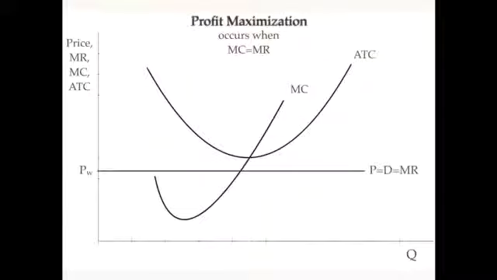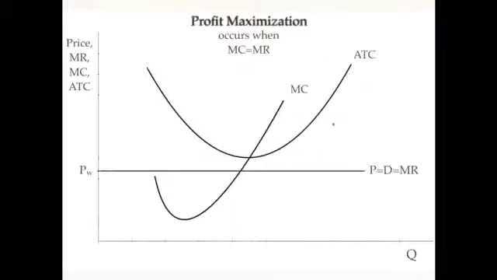Alternately, we can also analyze what goes on with a firm that is losing money, and if this firm engages in profit maximization, it will minimize its losses, i.e. it's still maximizing its profits. If you take a look here, you can see that this firm's average total cost curve is above price for every level of Q. So this firm is always going to lose money.